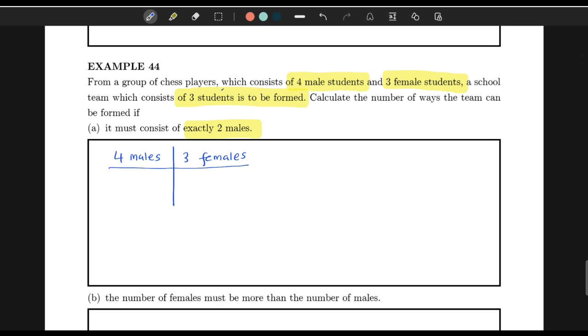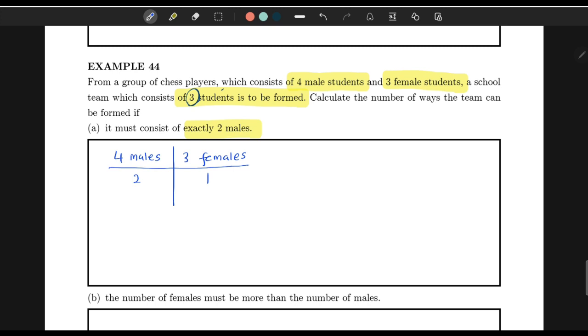The question wants to find the number of ways which the team consists of exactly 2 males. So if we choose 2 males, since the team consists of 3 students, the remaining we have to choose is 1 female.